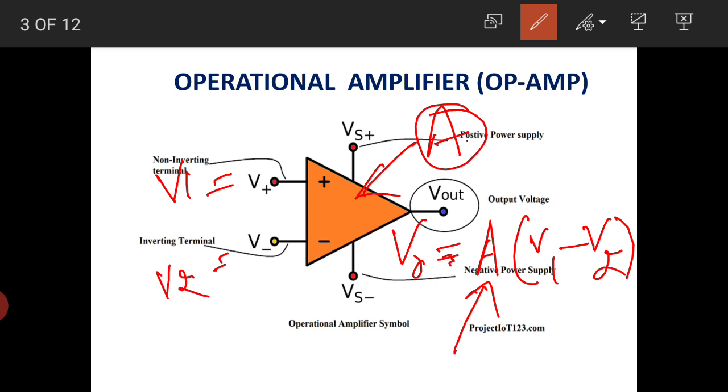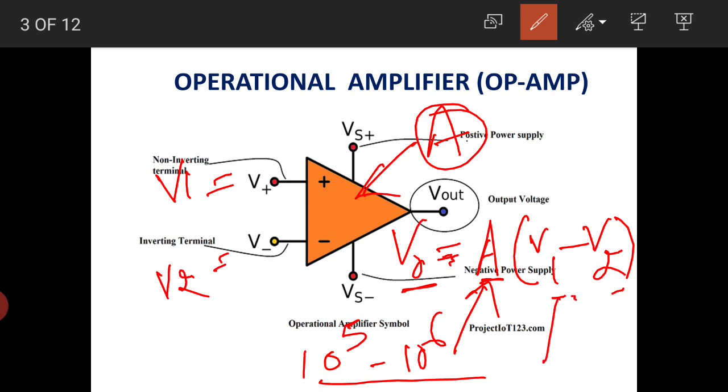In an operational amplifier this gain is very high, its value is from 10 raised to power 5 to 10 raised to power 6. The output voltage is A multiplied by V1 minus V2, where V1 is the non-inverting terminal and V2 is the inverting terminal.